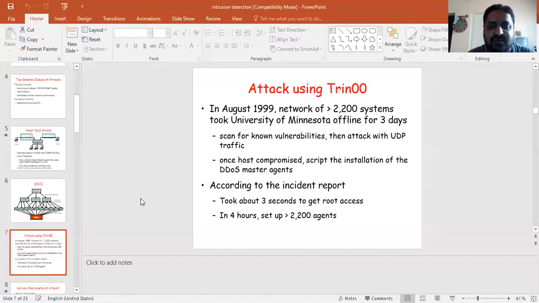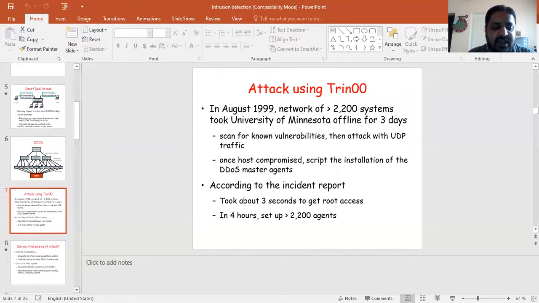It consisted of the different systems installed in that university, and it infected more than 2,000 systems in about 3 days. So such attacks are an example of the distributed denial of service attack.